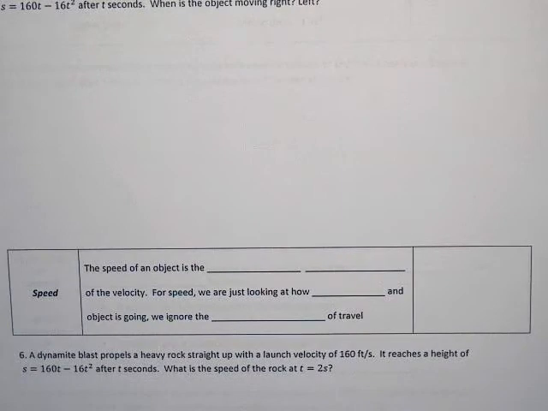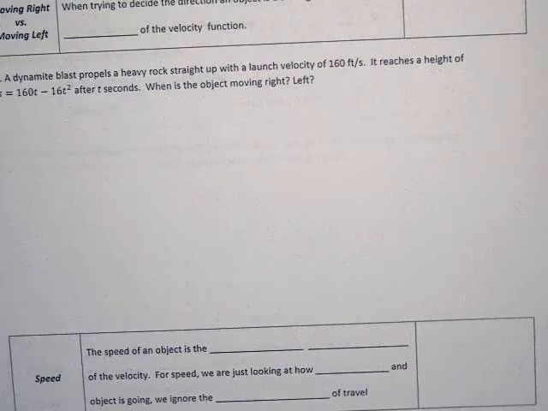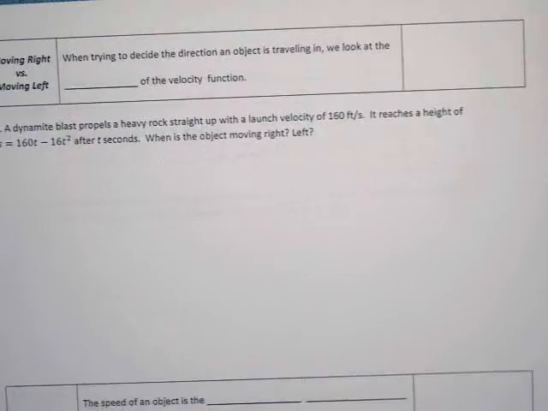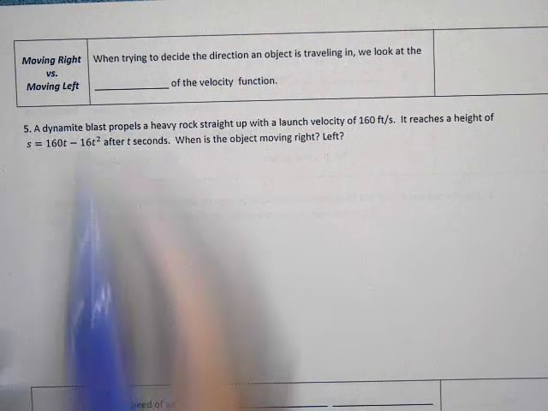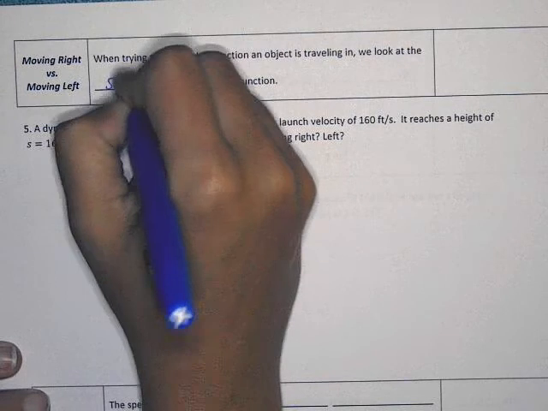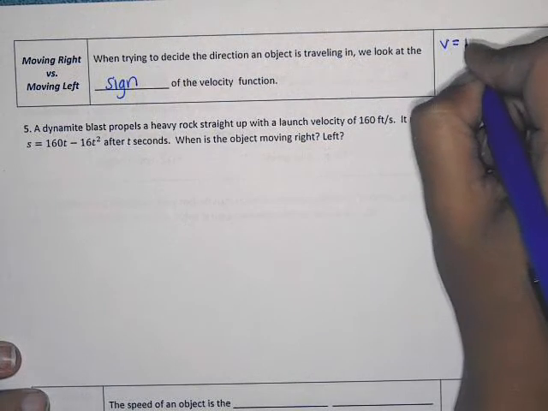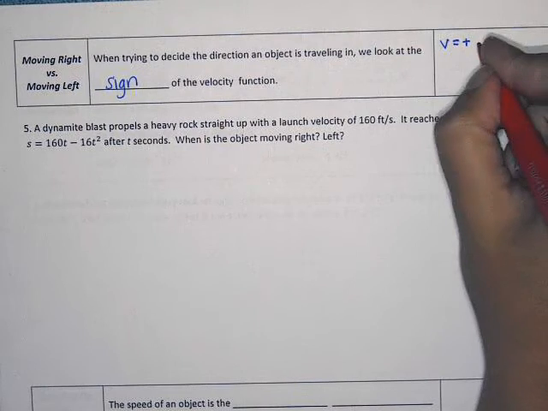Okay. Moving right versus moving left. When we're talking about which direction we're moving in, we need to look at the velocity function and the sign, more specifically the sign of that function. When velocity is positive, I'm going right.